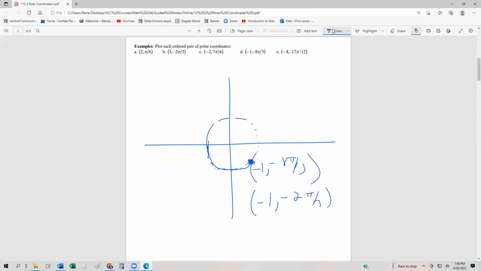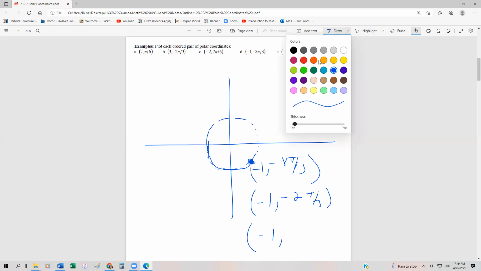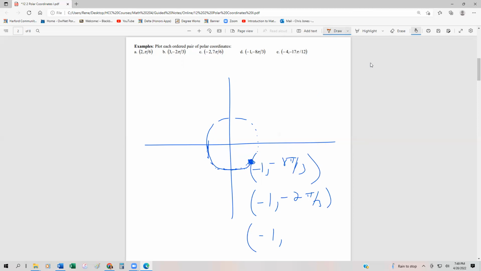It would also be the same coordinate as negative 1, and then if we went around this way, we draw it in a different color, so that we can see that there's an infinite number of ordered pairs. If we drew it this way, then theta could be 4 pi thirds in the positive direction.